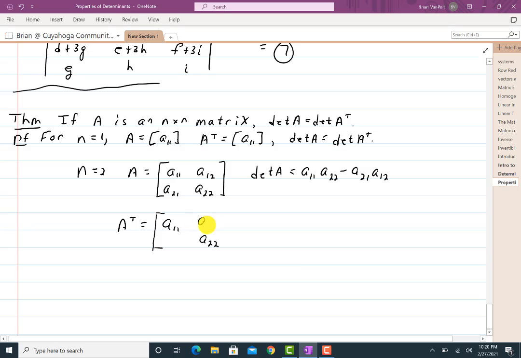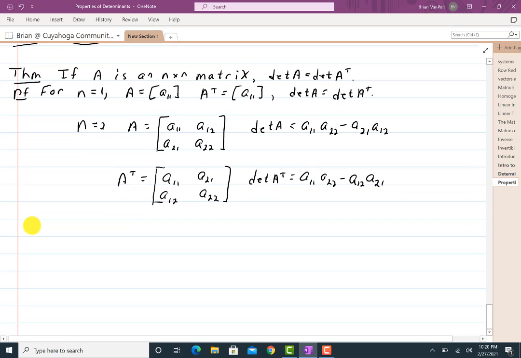It's the other elements that will change. So for this, I'll get A11, A22 minus A12, A21, and that's exactly the same as the determinant of A. So for n equals 2, we have determinant A equals the determinant of A transpose.